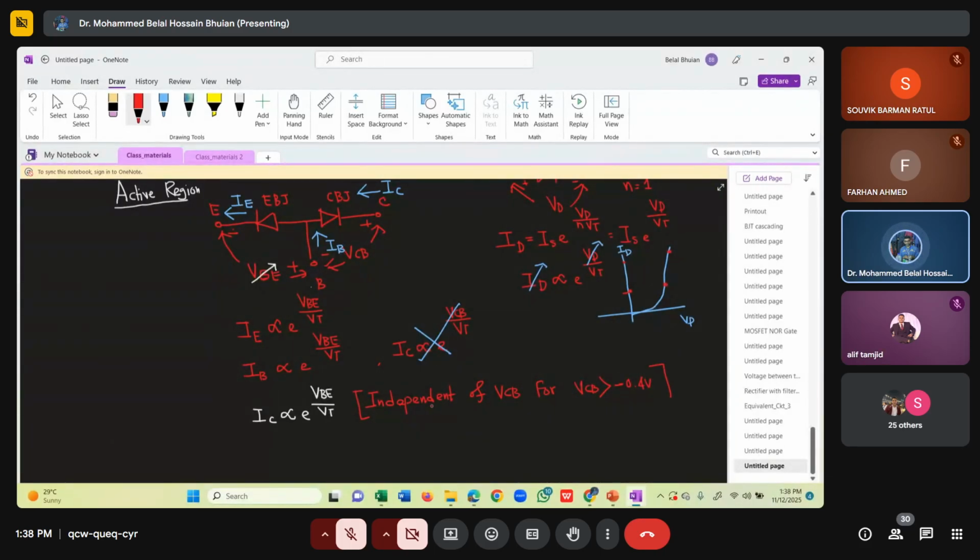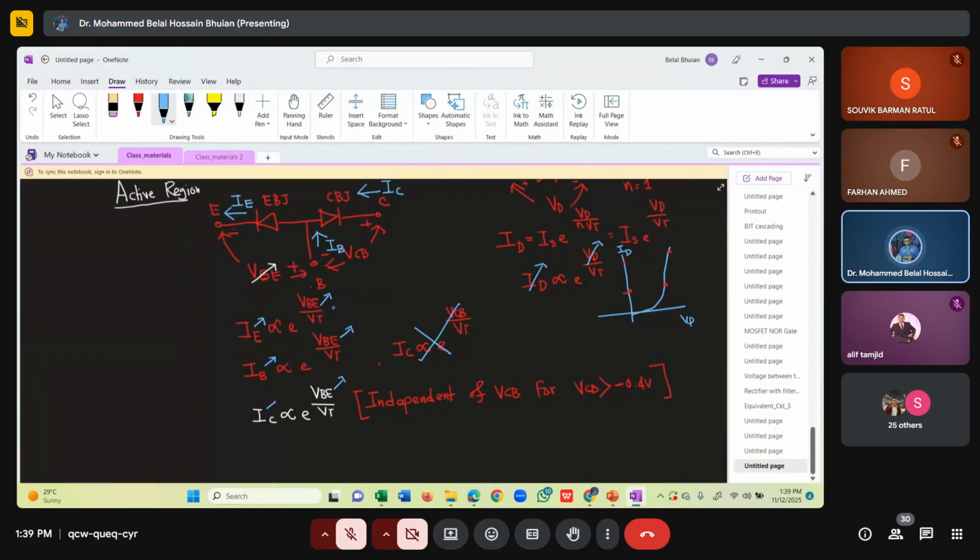So not only does it depend on VBE, it is also independent of VCB. What does that mean? It means if I change VBE here, we're going to change IE here. If we change VBE here, we're going to change IC. We're going to change VB here.